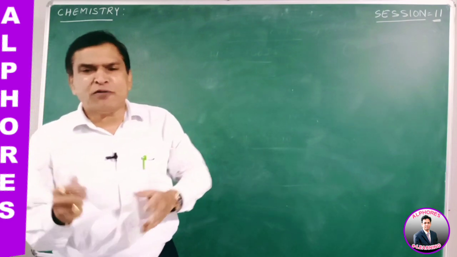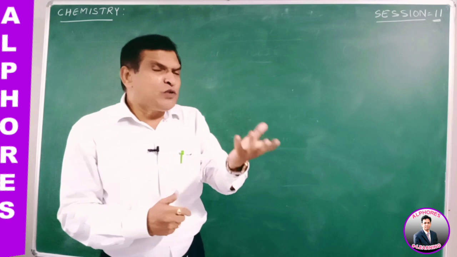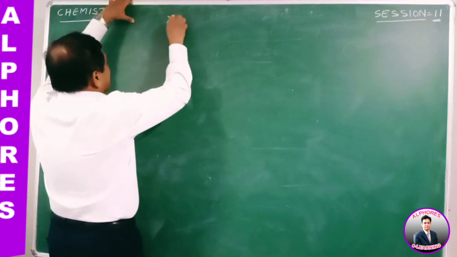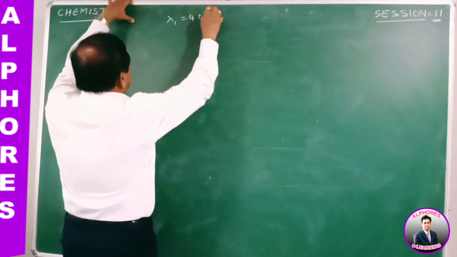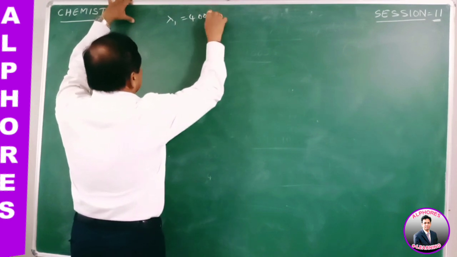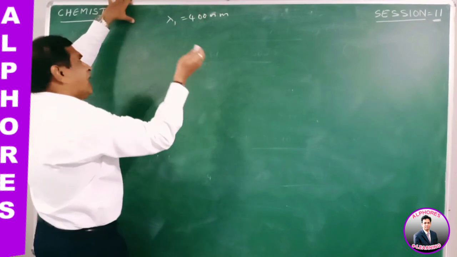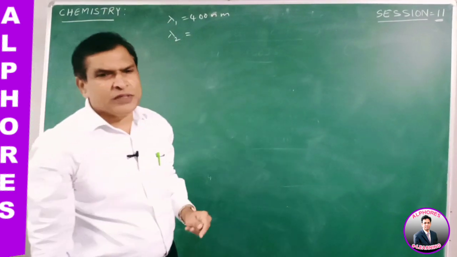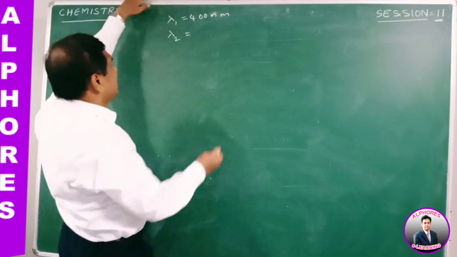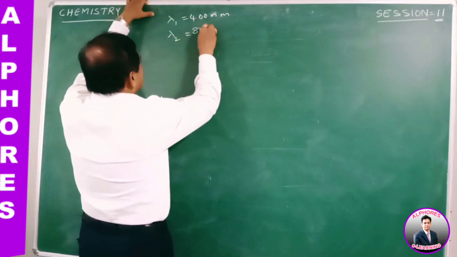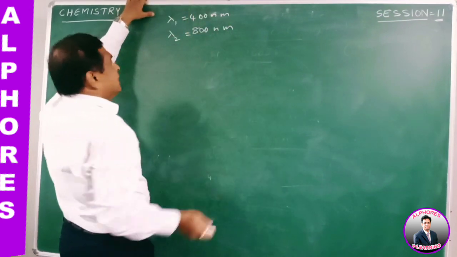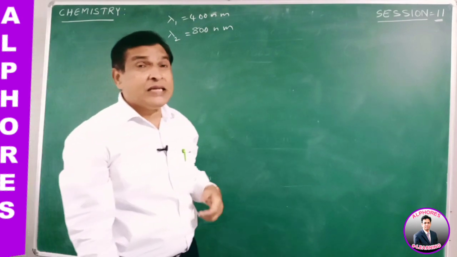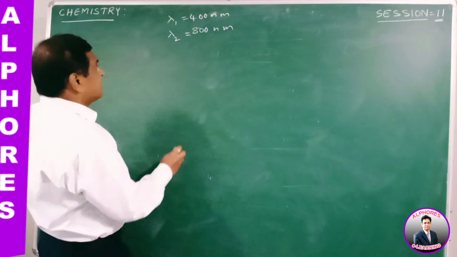Compare the energy of two radiations, one with wavelength 400 nanometers and another with lambda 2 of 800 nanometers. We have to compare their energies.